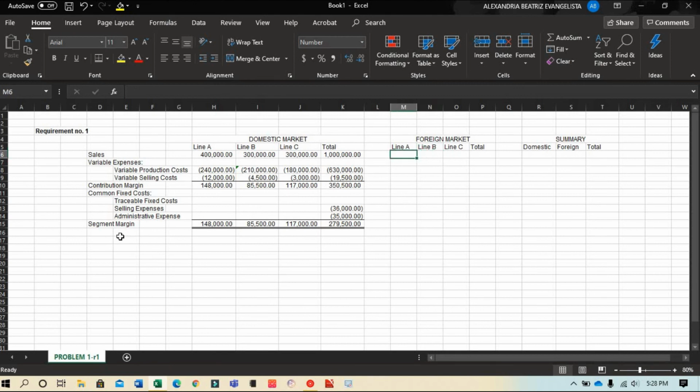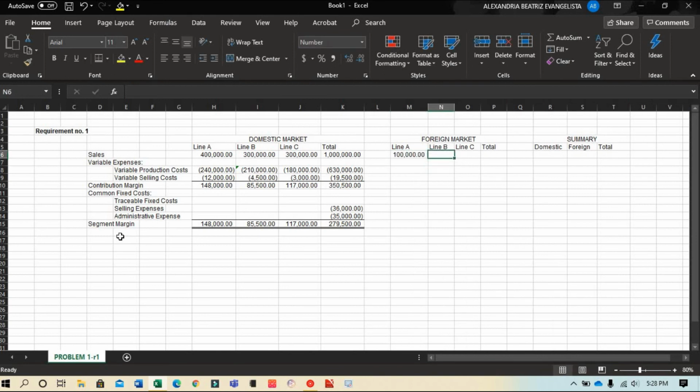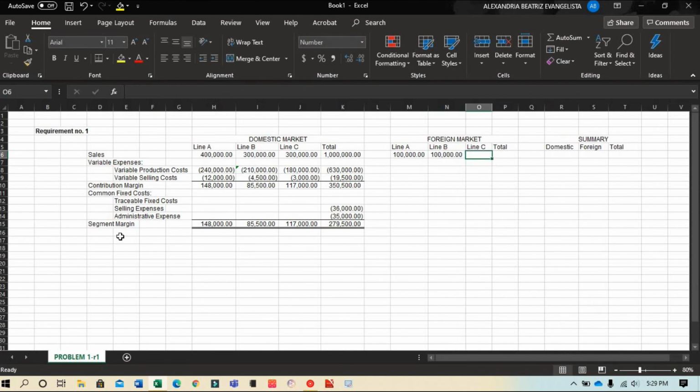So for line A, the sales is 100,000, and then for line B, it is as well 100,000, and the sales for line C is not given, so we're going to have to work that back.